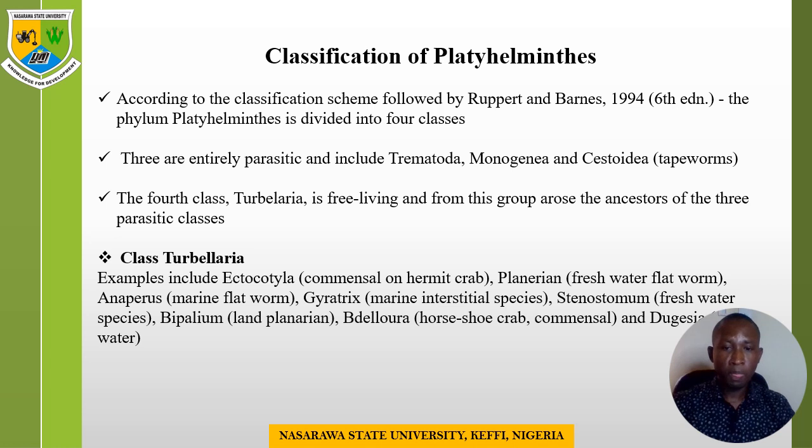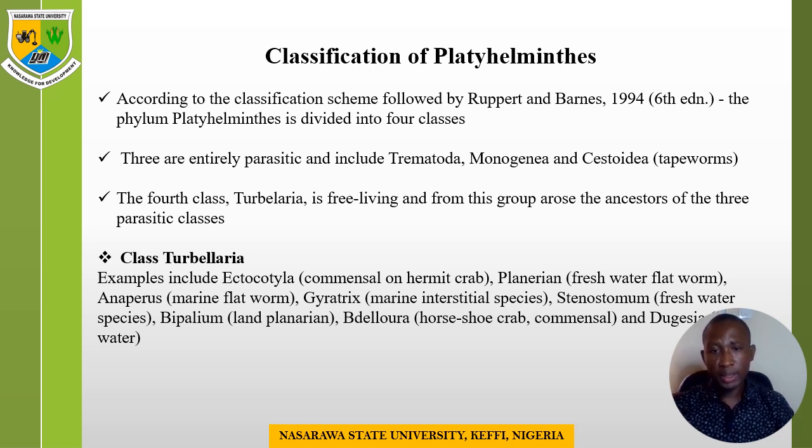The classes which are parasitic are Trematoda, Monogenea, and Cestoda. While the free living class is Turbellaria.